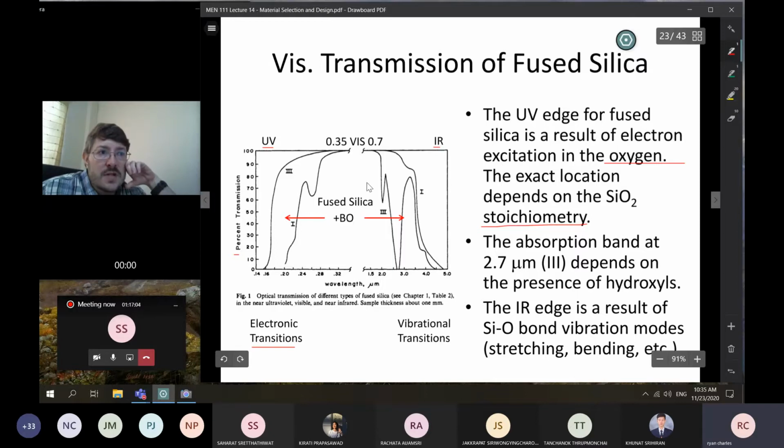And so the IR edge here is a result of that bond vibration. Again, it might depend on stoichiometry. And we can have things like absorption bands because of impurities, like water in the glass. So electron excitation and bond vibration are impacting transmission through our material.